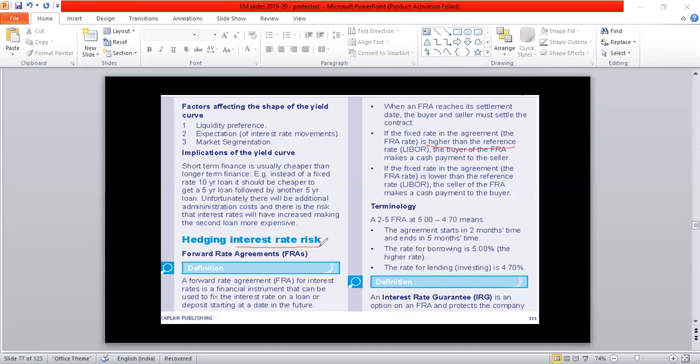The agreement is at a fixed rate, and they compare the rate in the FRA versus the prevailing rate in the market. That is based on LIBOR, a technical terminology which you have to remember. The buyer of the FRA makes a cash payment to the seller, the difference between the fixed rate and the prevailing market rate, when the fixed rate in the agreement is higher.